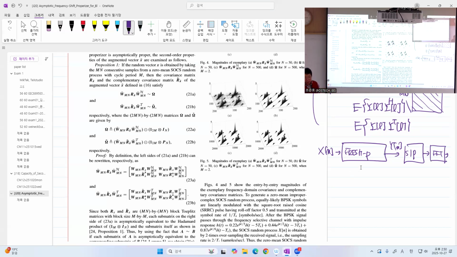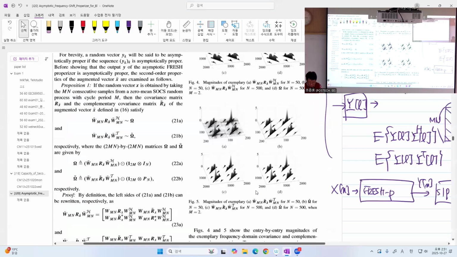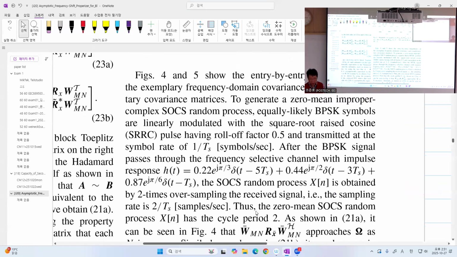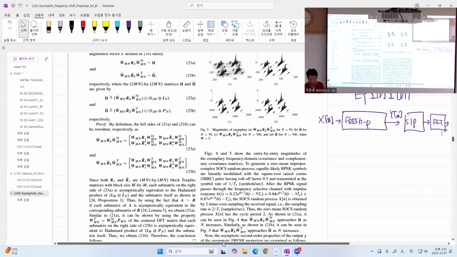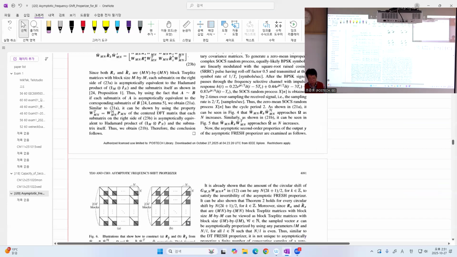And if the length of the vector is large enough, then as we increase the size, more and more terms become zero, and we have almost impulse fence-like autocorrelation functions in our matrix. In that way, our asymptotic optimality of properization is justified.